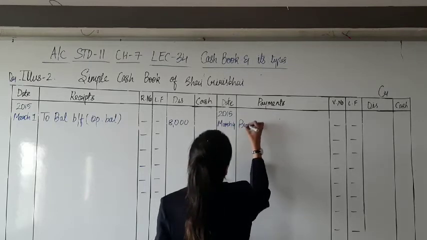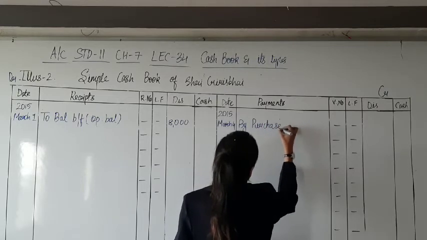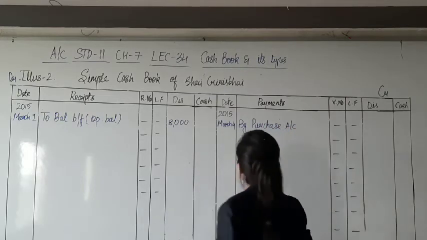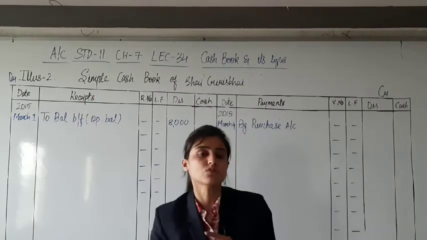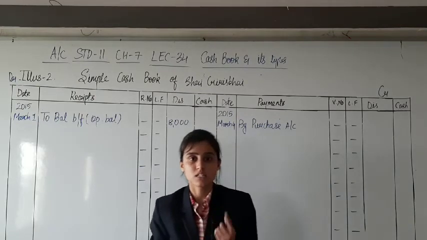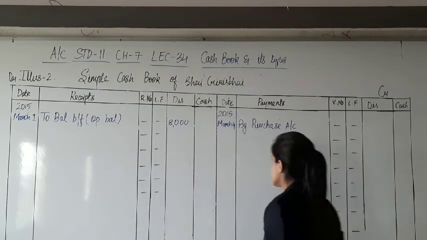So, by purchase account, goods are of rupees 6,000. 10% of 6,000 is 600. So, the net amount of goods is 5,400.